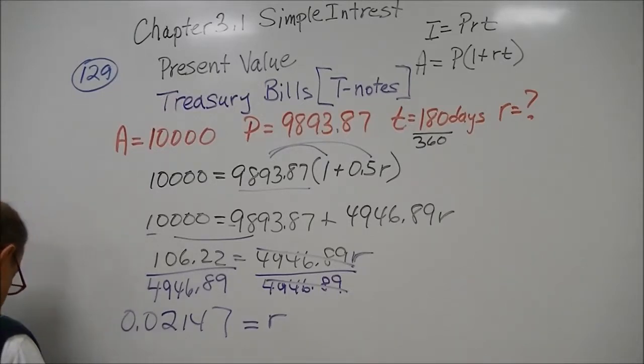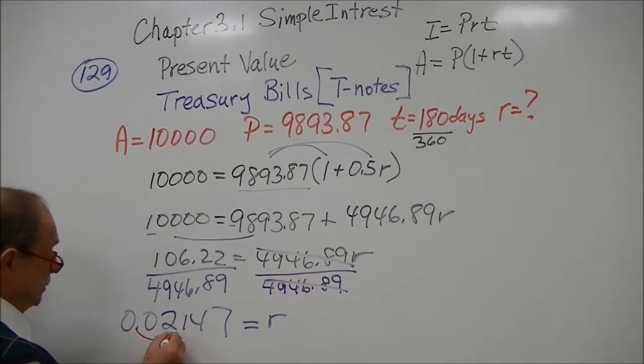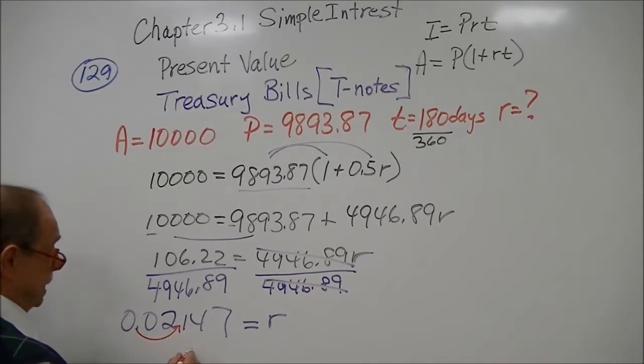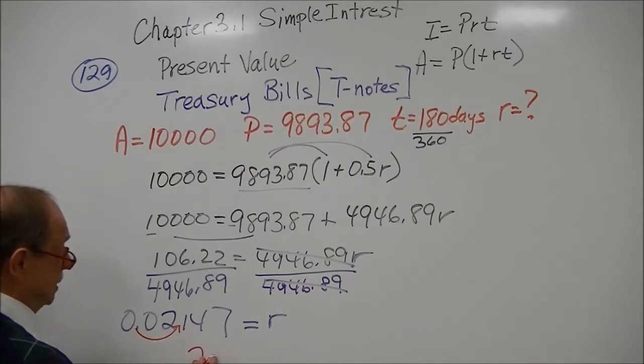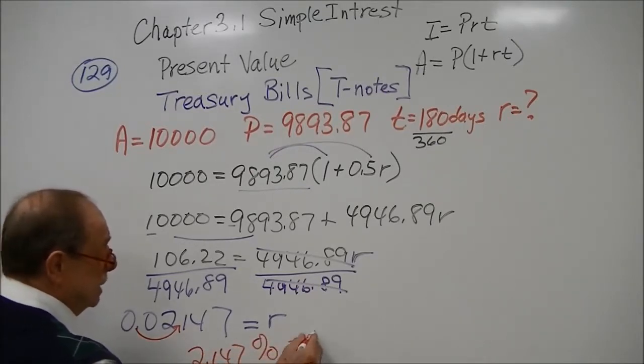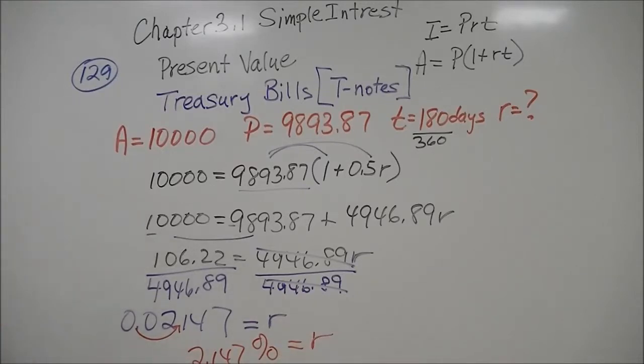So we take our decimal point, move it 2 places to the right, where this then becomes 2.147%. And that's what our rate is.